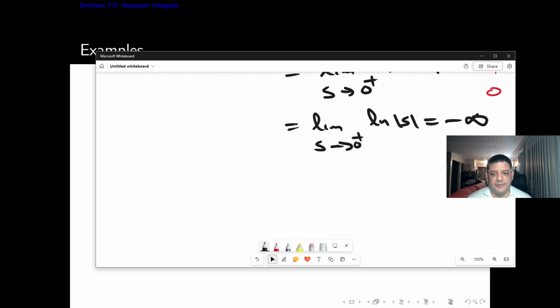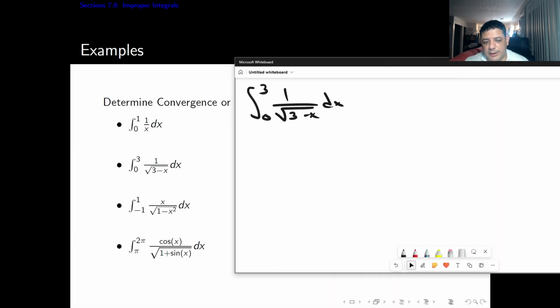Now let's go with a second example. Let's consider this integral going from 0 to 3 of 1 over square root of 3 minus x dx. The problem here is clearly x equals 3, because for x equals 3 we have a case that does not exist for the function f, right?